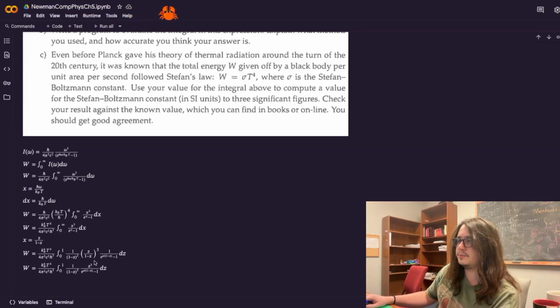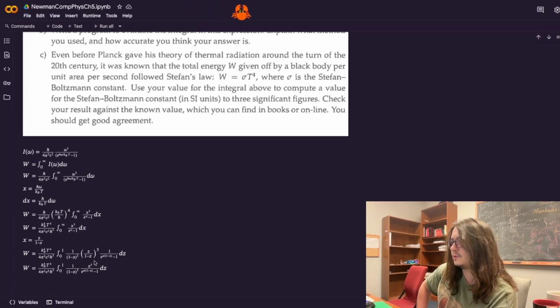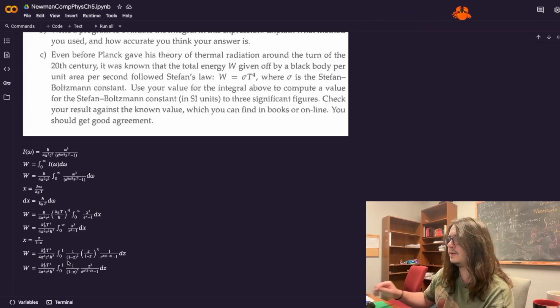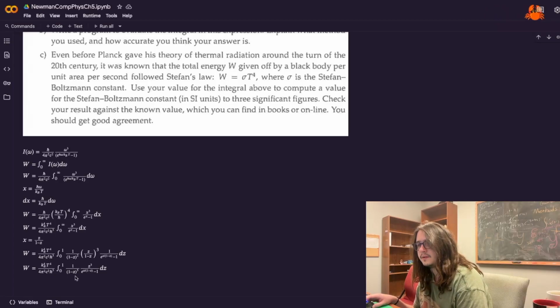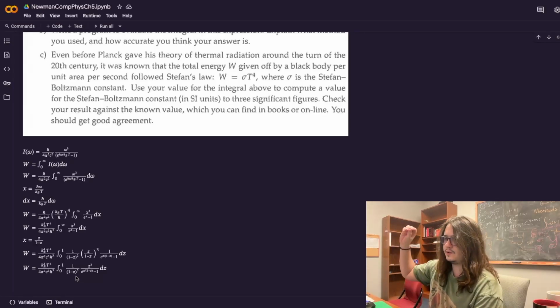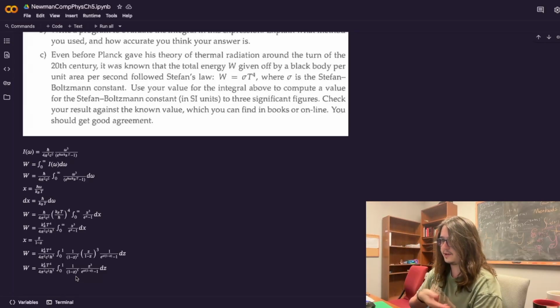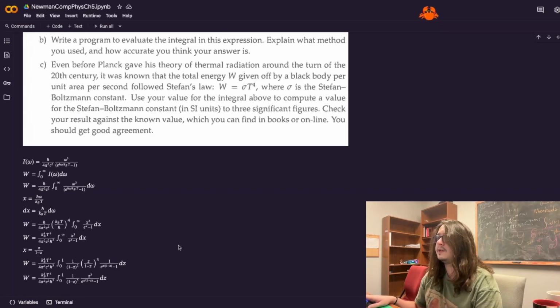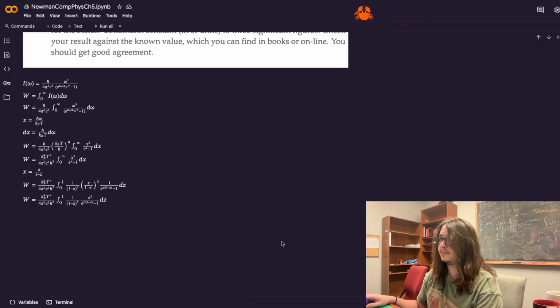There's me just plugging that into the integral, and then with the proper 1 over 1 minus z squared for the Jacobian, you get the final form, which is 1 over 1 minus z to the fifth times z cubed divided by e to the z over 1 minus z, minus 1. So that's the integral that we're going to calculate and compare to sigma, which is the Stefan-Boltzmann constant.